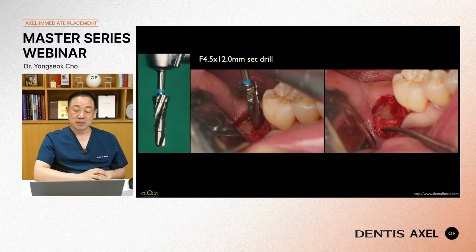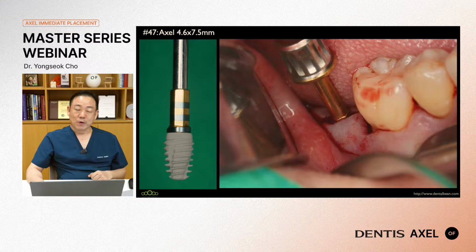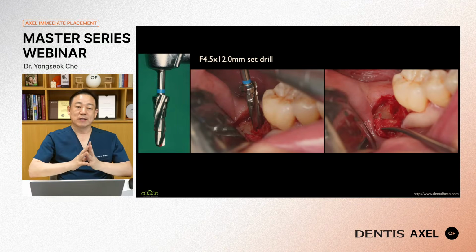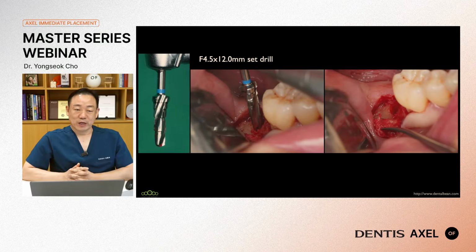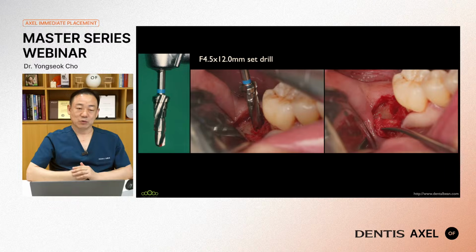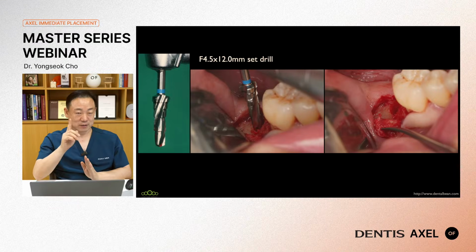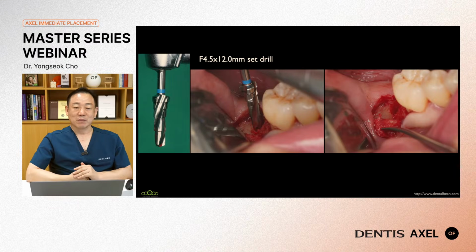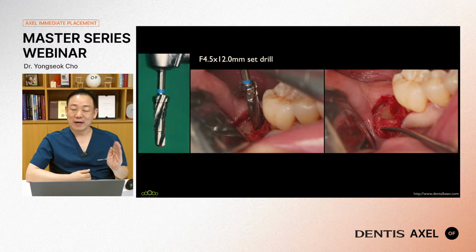In this case, I placed the implant 4.6 by 7.5. However, my drill was 4.5 by 12 millimeter. Because of convenience of keeping implant angulation without interference first, and second, I will prep the osteotomy sufficiently deep, considering buccal bone height.